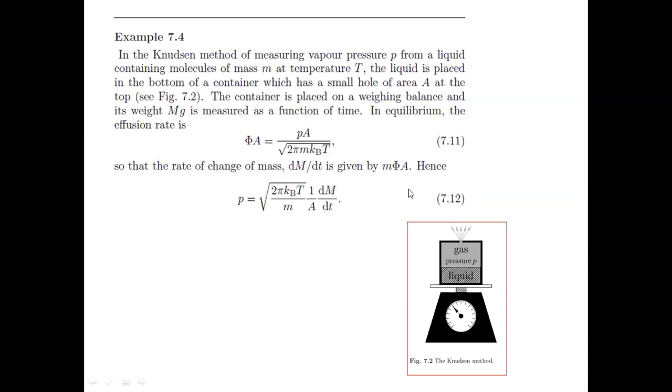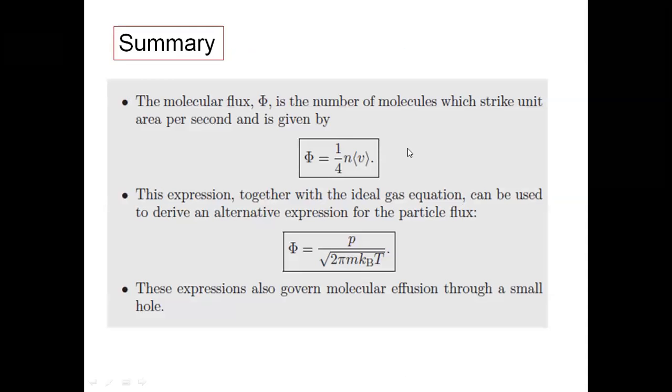In summary, the molecular flux phi is the number of molecules which strike unit area per second and is given by phi equal to 1 over 4 n times the average velocity.